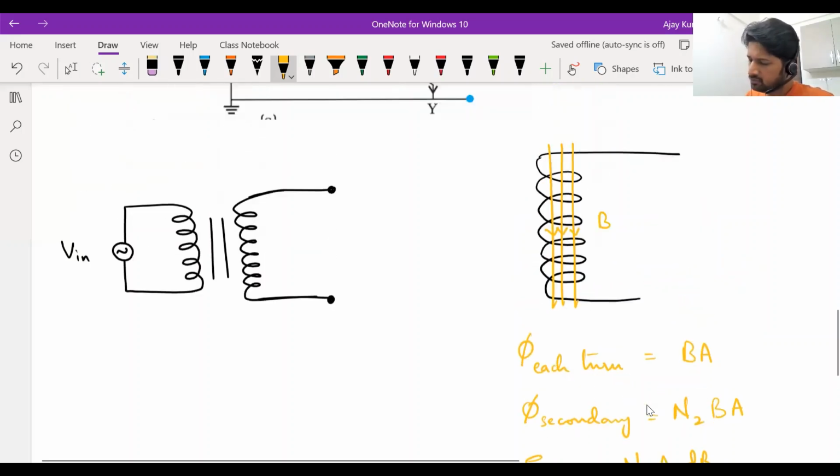Now, if you collect the output across this point and this point, then all the turns are included. Let me just extend this. Basically, you will be collecting the EMF induced across all the turns.